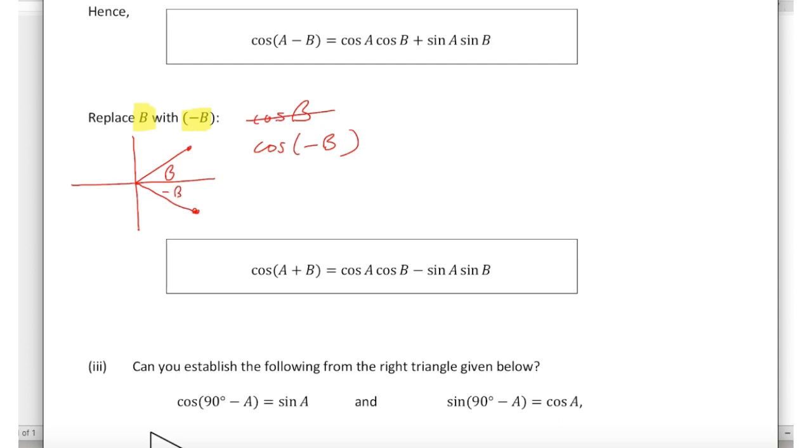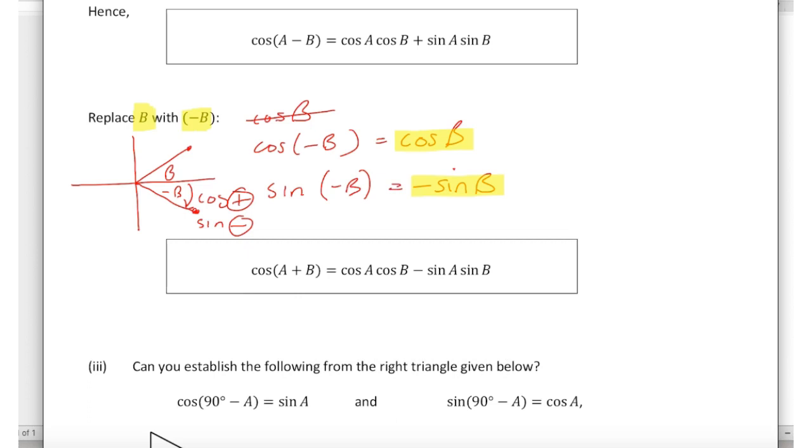We think about that ends up in the fourth quadrant. Cos is positive in this quadrant. So cos of negative B is just the same as cos of B. But if we change sine from a B to a negative B, down in this fourth quadrant, sine is negative in this quadrant, so that would just be the negative sine of the acute angle B.